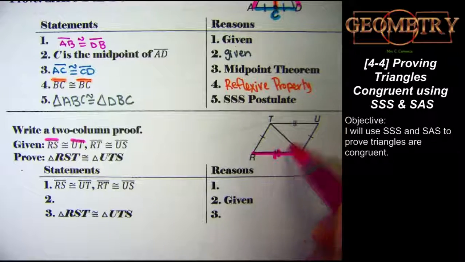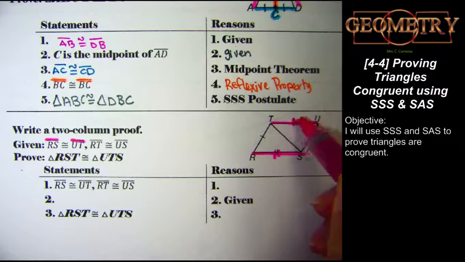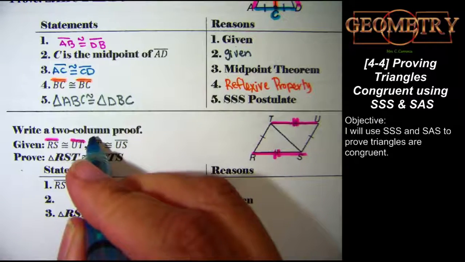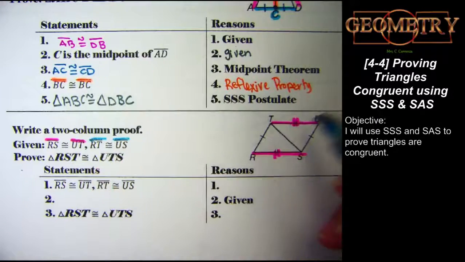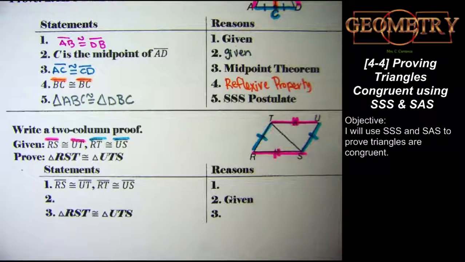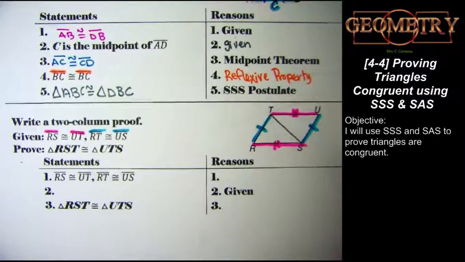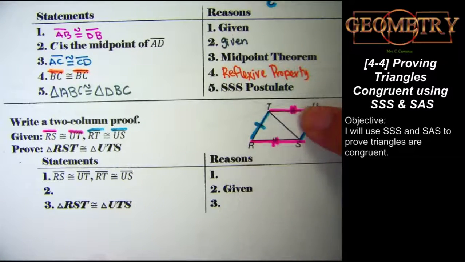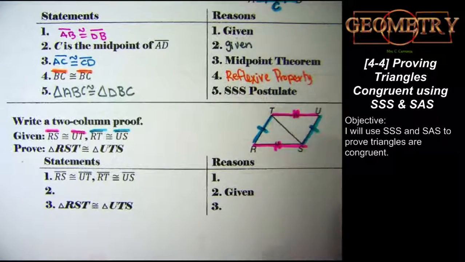Here's RS. Here's UT. I've also been given RT is congruent to US. Here's RT. Here's US. And that's all I've been given. I'm trying to show that this triangle, RST, is congruent to this triangle, UTS.